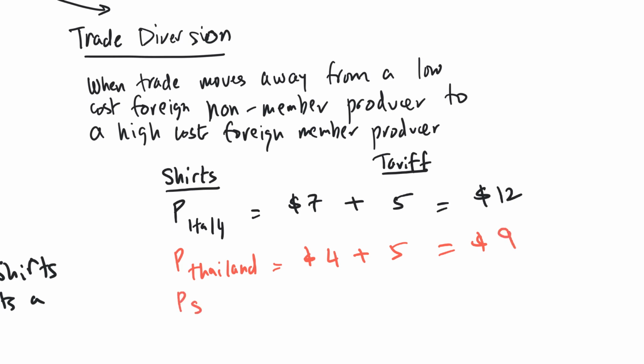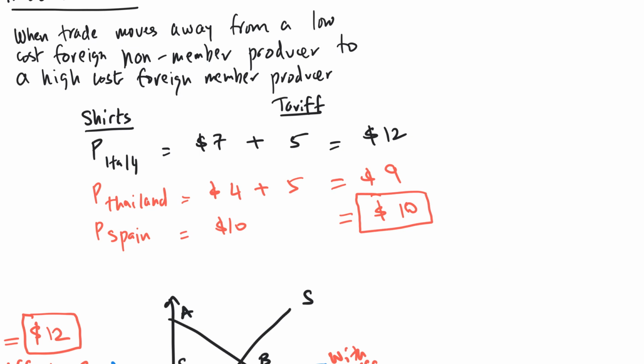But price in Spain is $10, and of course there is no tariff, so the price is ultimately 10 because Spain is your domestic producer. Are you all with me? Who will you buy from if you had no agreement with any country? Thailand was the best producer, better than even your domestic producer. So you will buy from Thailand because 9 is better than 10 and 12.